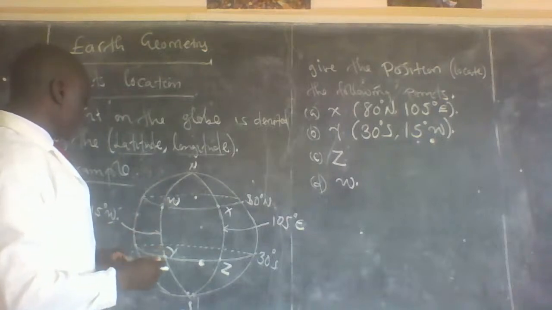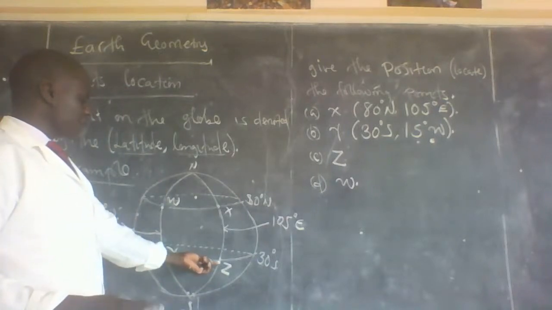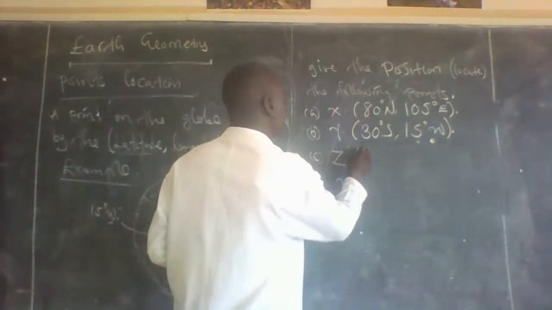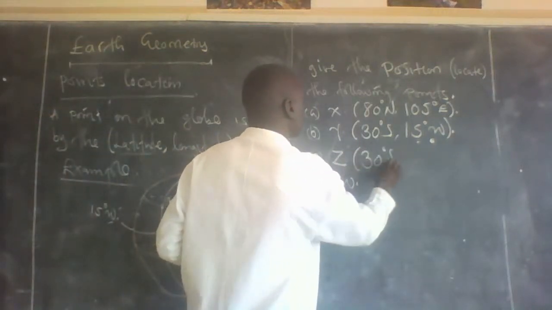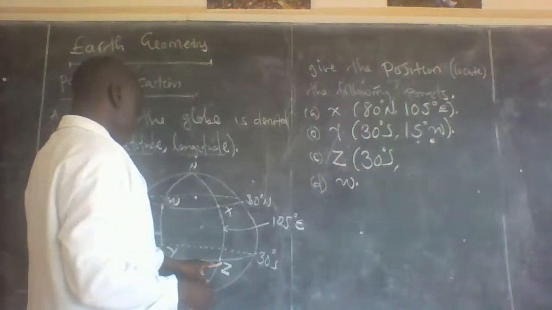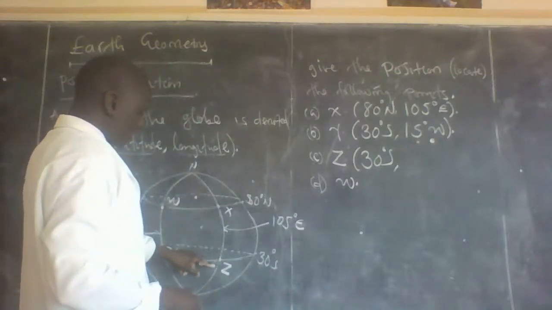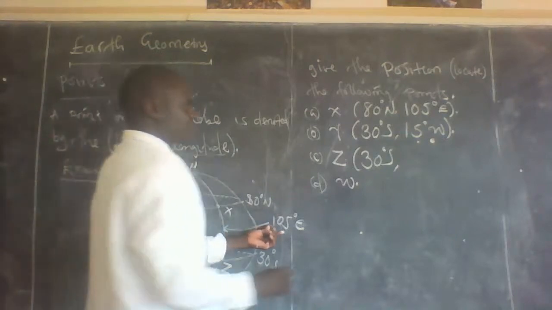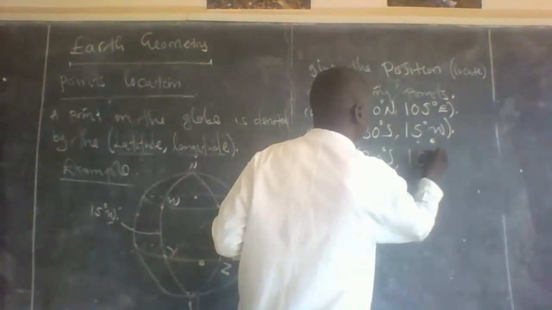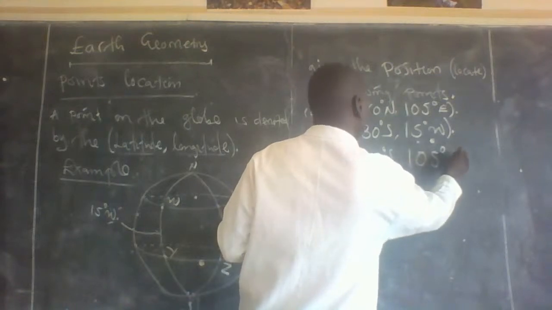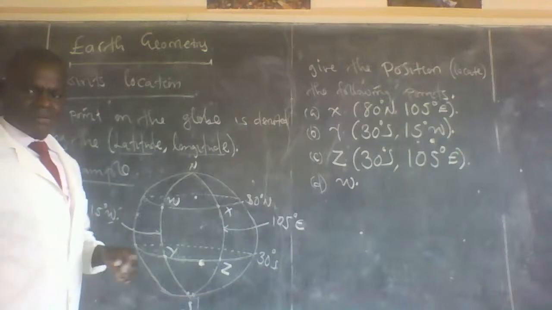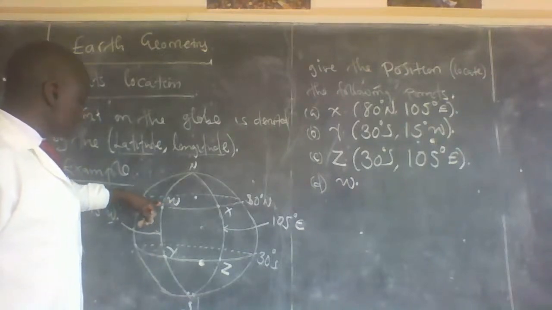What about Z? Z here is on latitude 30 degrees south, comma, and the longitude where it is standing is 105 degrees east. What about W? W is now right over here.